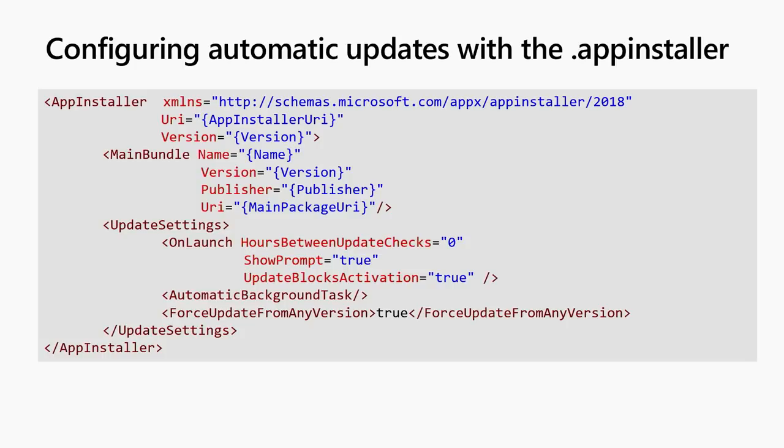blocks activation. So let me make a demo of the app installer, not with Azure, but just locally, so you can see how this process works. So first, I have here a shared folder that I can use.